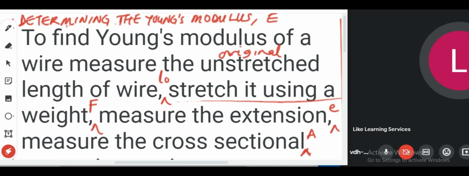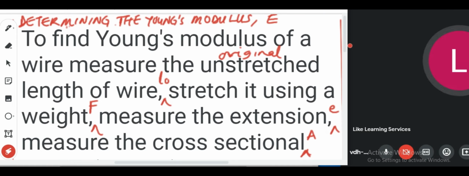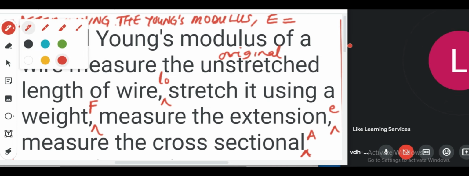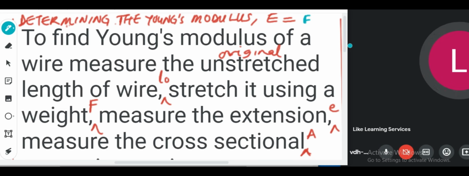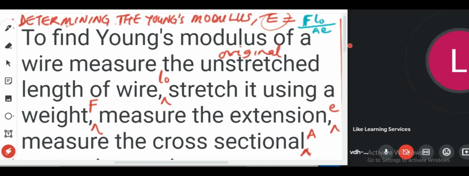Then we stretch it using a weight or force, and then we measure the extension e, and we measure the cross-sectional area A. Remember, Young modulus is force times original length over cross-sectional area times extension.